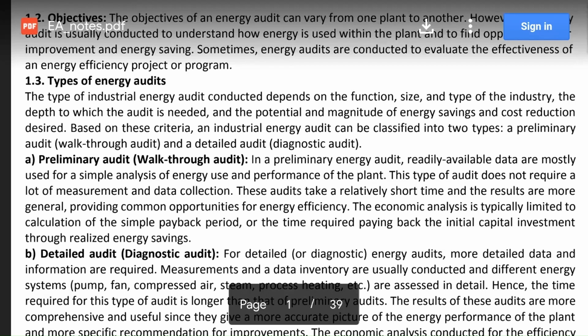We don't want you to memorize these definitions, but the keywords associated with energy auditing should be in the definition, and the keywords are documentation, data collection, survey, result submission, reporting, and recommendations. These are the keywords associated with energy auditing. If you include these things in your definition, it is good enough.